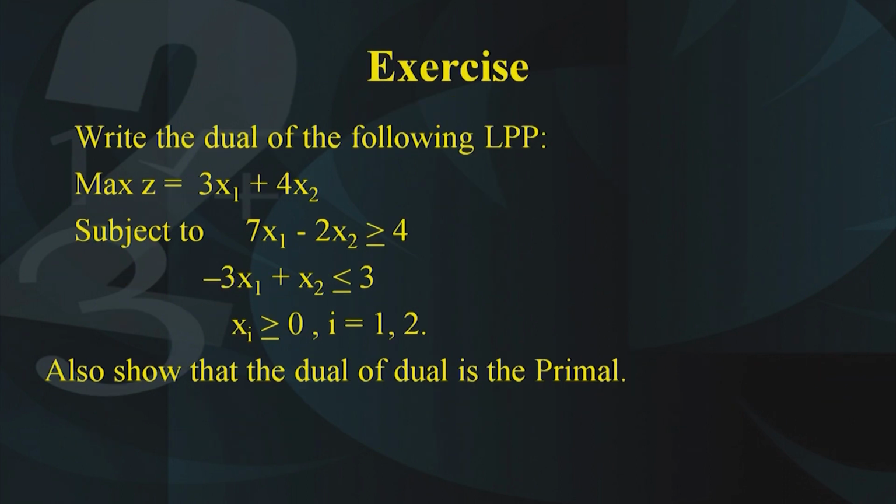So, we come to the conclusion and I have an exercise for you. Write down the dual of the following linear programming problem: maximization of 3x1 plus 4x2 subject to 7x1 minus 2x2 greater than or equal to 3, minus 3x1 plus x2 less than or equal to 3.